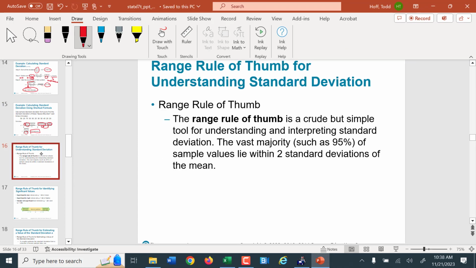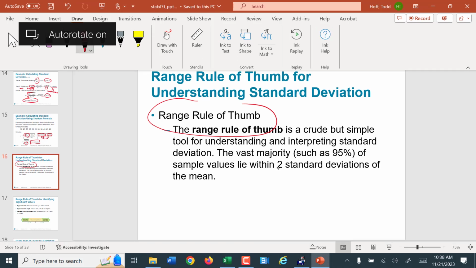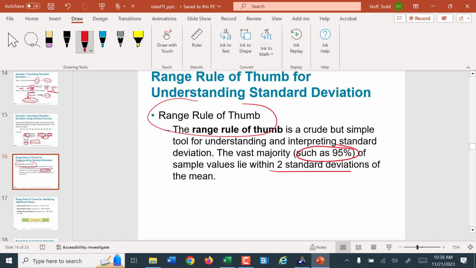A third way of estimating, now this is not calculating the standard deviation, this is estimating the standard deviation, is something called the range rule of thumb. Because, as we're going to see again in a few more minutes, something called the empirical rule tells us 95% of the data is within 2 standard deviations of the mean.